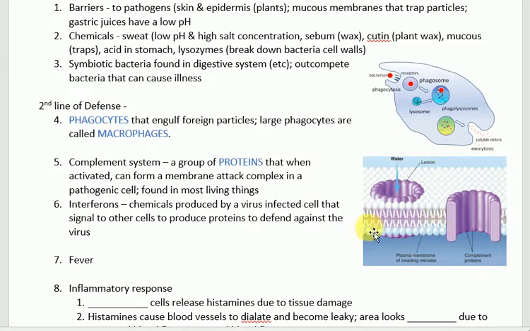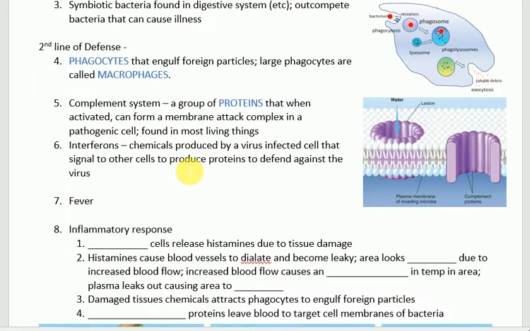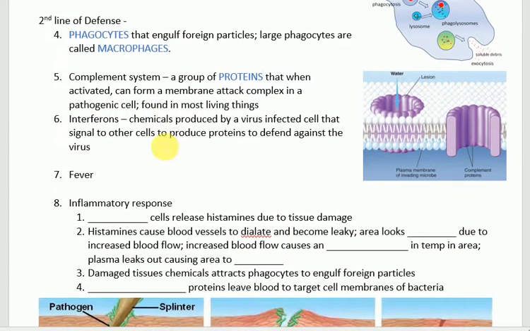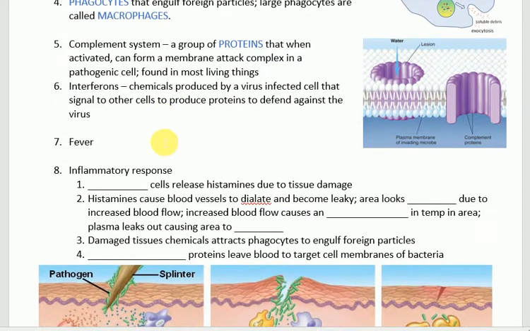Because this is actually showing, you can see here, it's the plasma membrane of an invading microbe. Then we have interferons. These are chemicals produced by a virus infected cell. And basically, those are going to signal to other cells that they need to produce the proteins to defend against the virus. Then we have a fever.